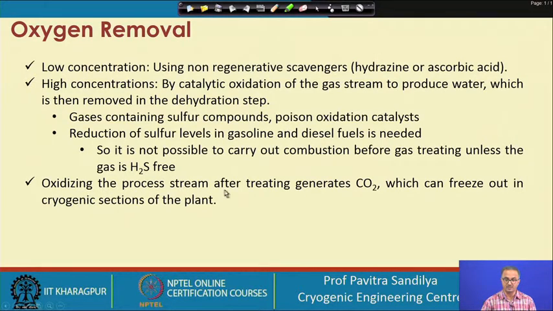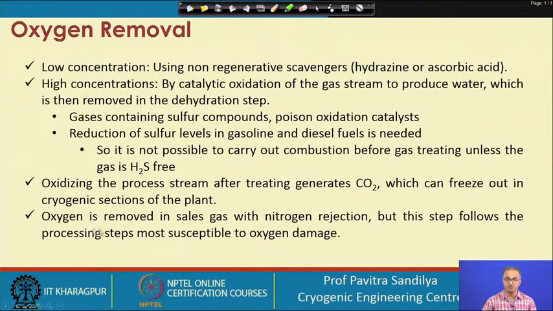Oxidizing the process stream after treating generates carbon dioxide, which can freeze out in the cryogenic sections of the plant. So we have to be cautious not to allow carbon dioxide formation if we are taking the natural gas for liquefaction, otherwise the carbon dioxide can form solid ice.